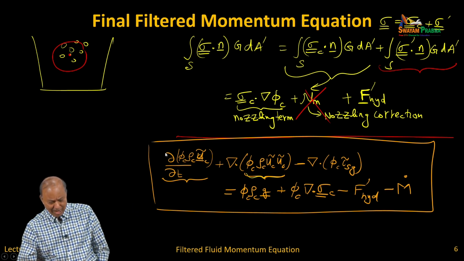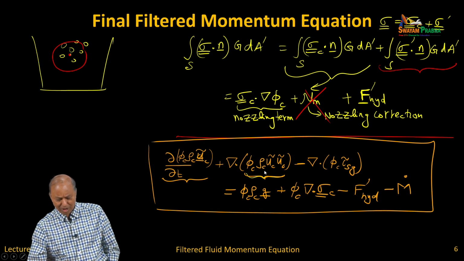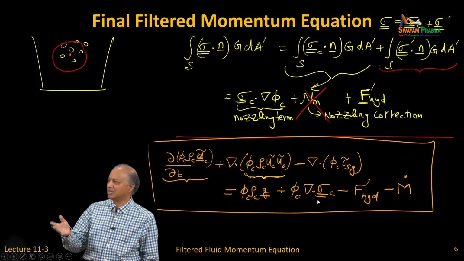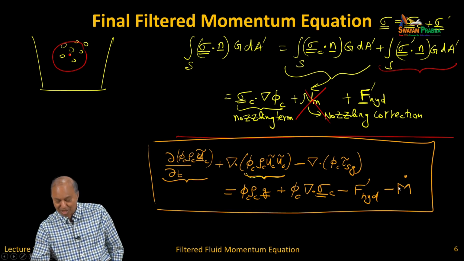So, this is the time derivative term, this is the advection term, this is the gravity term, and this is the viscosity term. These terms are just the standard ones. These other terms you better model.